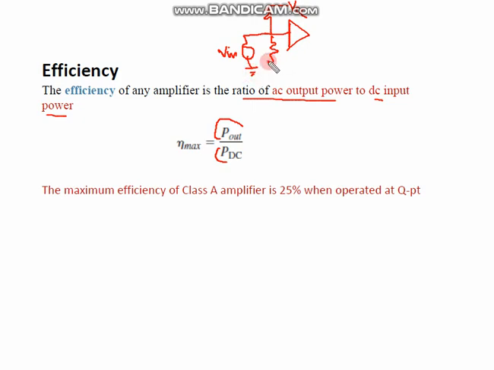I can make the ground over here, and I can make a load resistor over here and ground it. This is your RL. So the P out is somewhere over here.